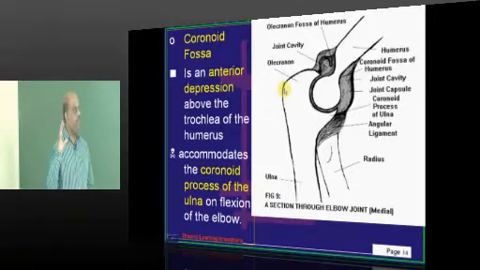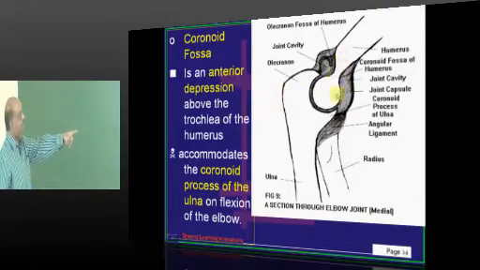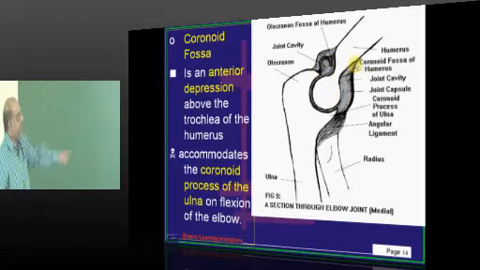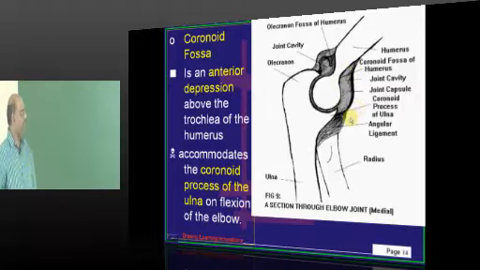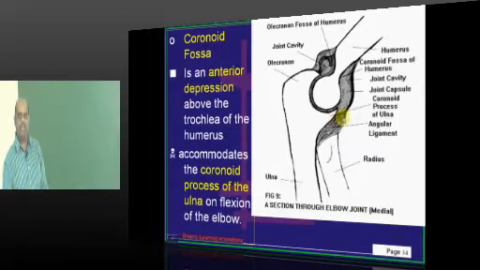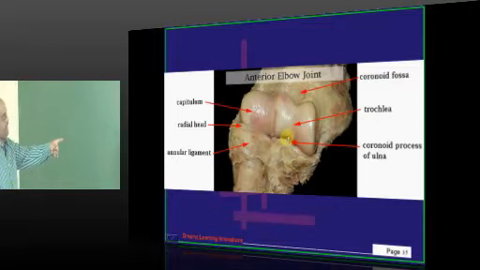So the coronoid fossa is typically an anterior depression above the trochlea, just like the posterior depression is the olecranon fossa. Anteriorly you have a coronoid fossa, and it accommodates the coronoid process of the ulna whenever we do flexion of the elbow. So this is another way of summarizing the same.